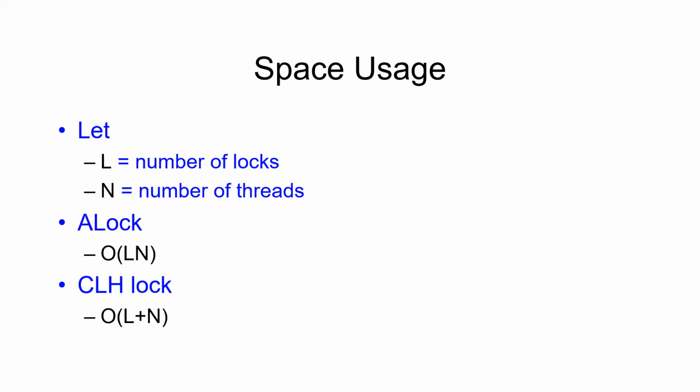Now, if you look at this, let us assume you have L number of locks and n number of threads. Then the total space usage is order of L times n. But in the CLH lock, it will be order of L plus n.